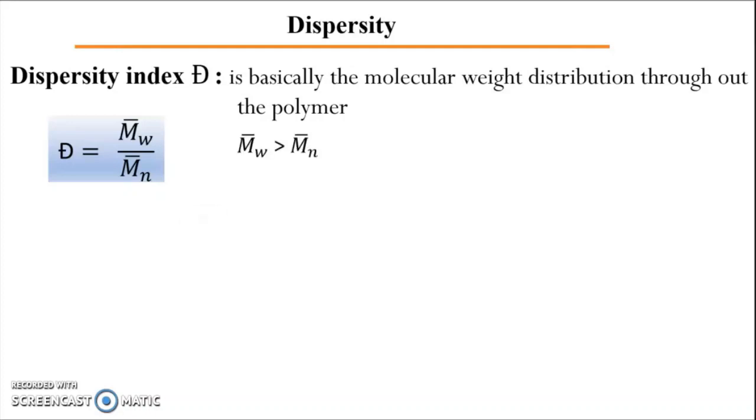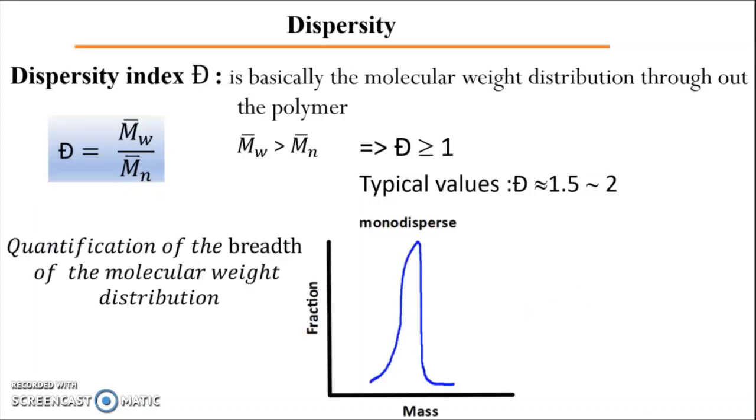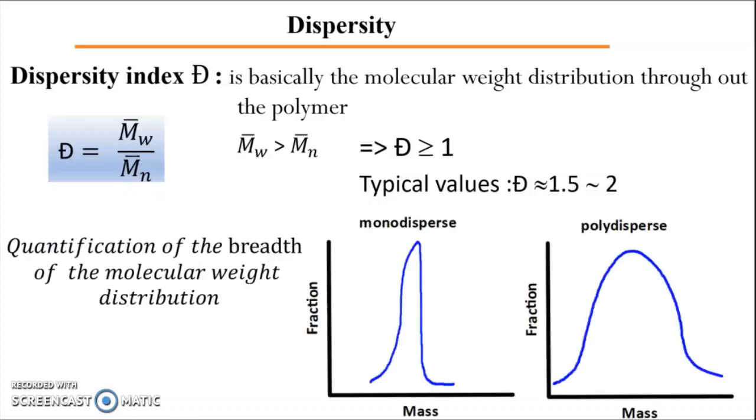As Mw is higher than Mn, as I mentioned before, dispersity is always higher than 1. The typical values for the dispersity are between 1.5 and 2. And usually using this D, we can say if the system is monodisperse or polydisperse.